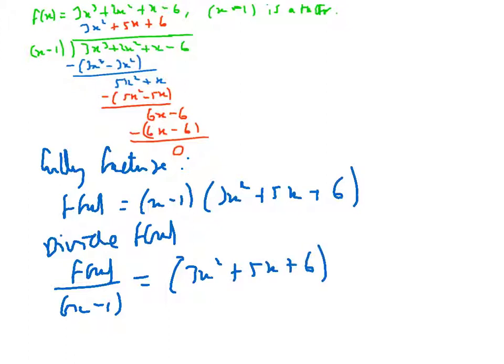Okay? Very important, the difference. The final thing is, imagine this wasn't 0 remainder and actually it was 7. Then actually my fully factorised would look like that, and my divided version would also have a remainder divided by x minus 1. Okay?